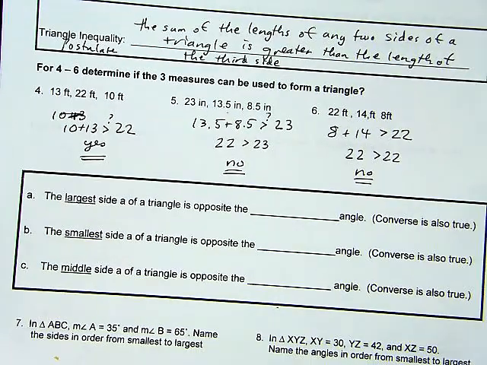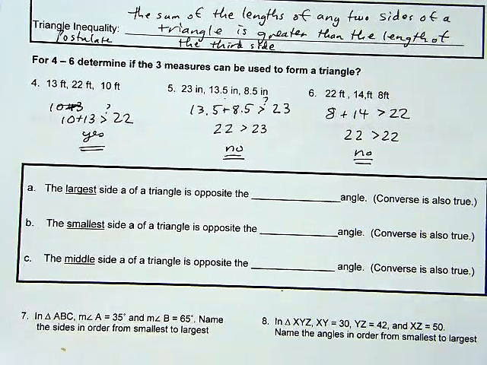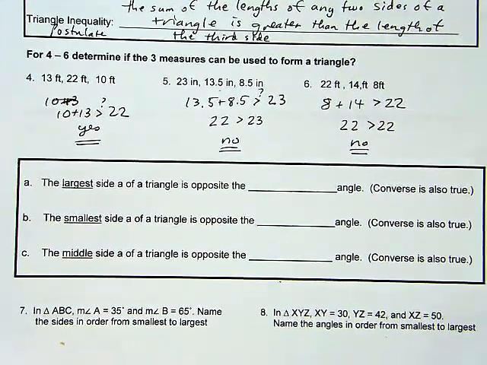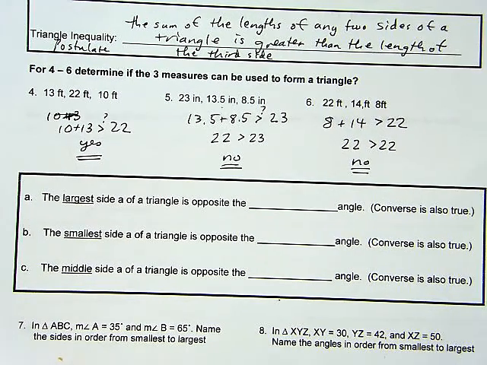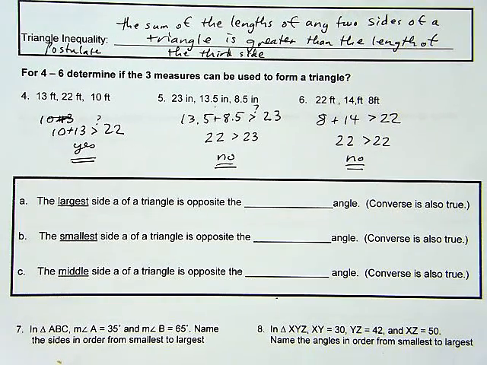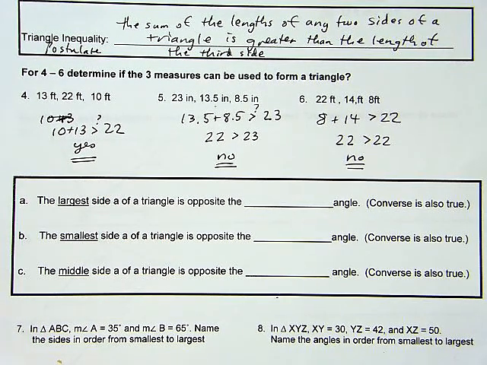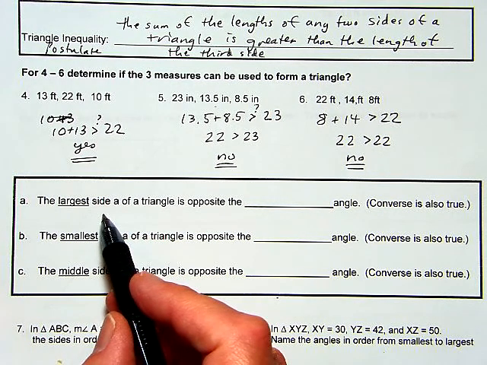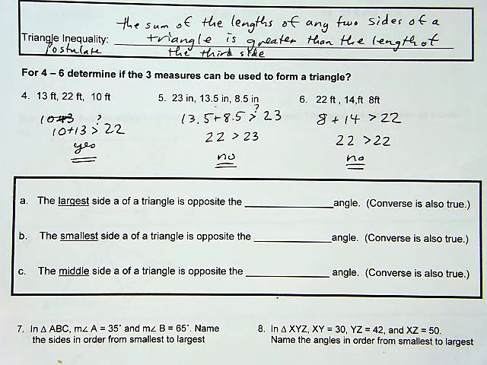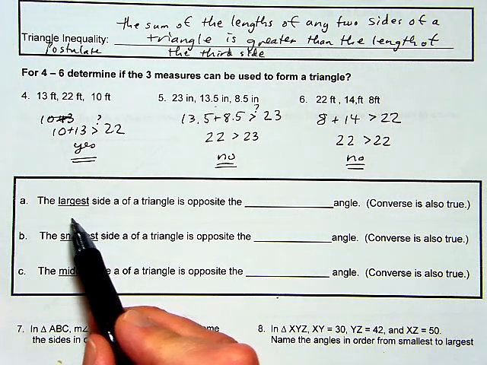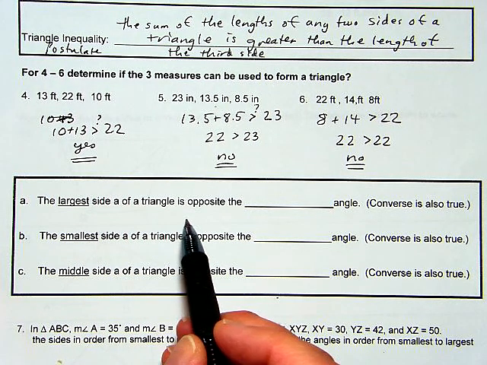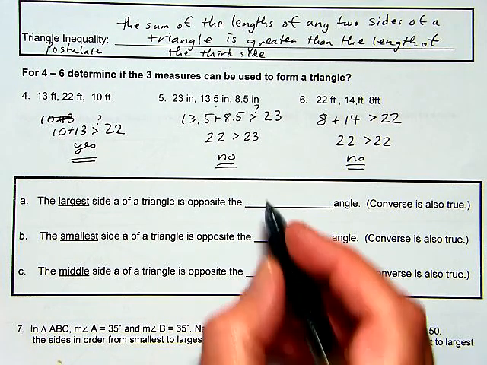So there are another set of really important properties about triangles that we're going to use in solving problems and sometimes in doing proofs as well. And that has to do with the relationship between the size of the angle and the length of its opposite side. The largest side of a triangle is always opposite the largest angle.